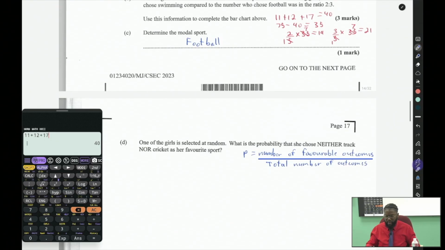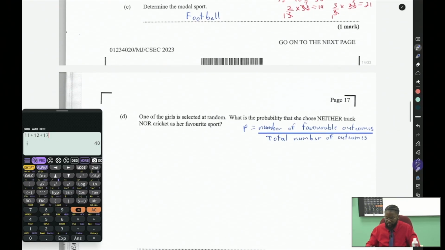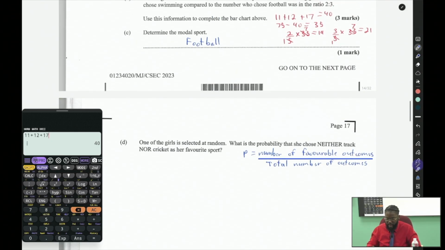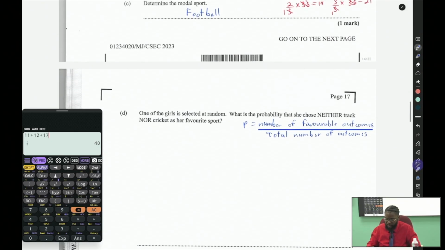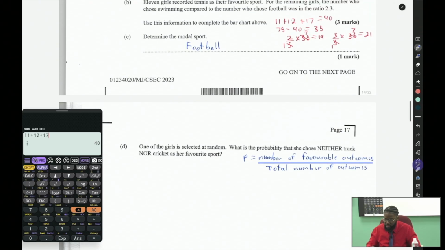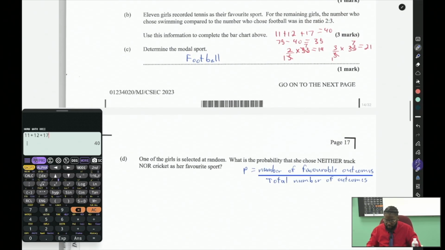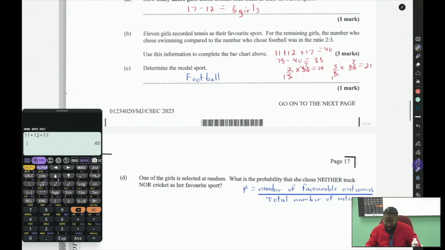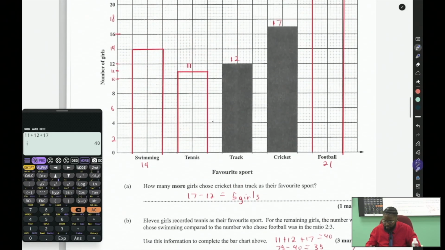So the last thing now is to find the probability that a girl chose neither track nor cricket as her favorite sport. The probability is going to be the number of favorable outcomes over the total number of outcomes. So track and cricket is out of it.